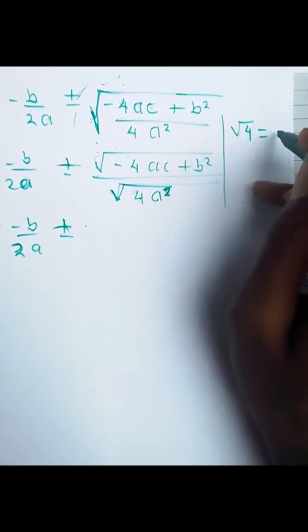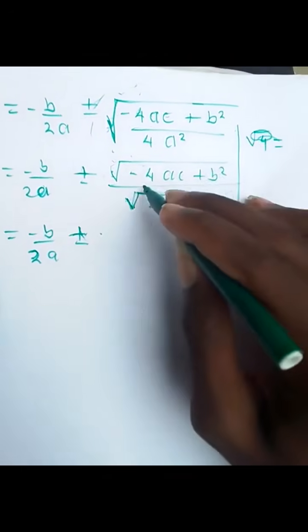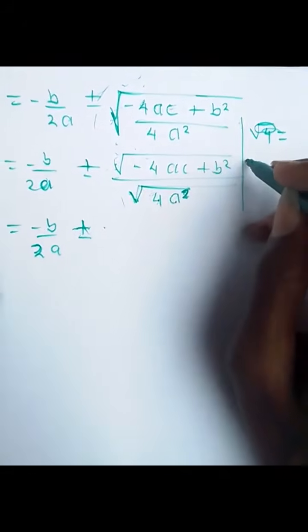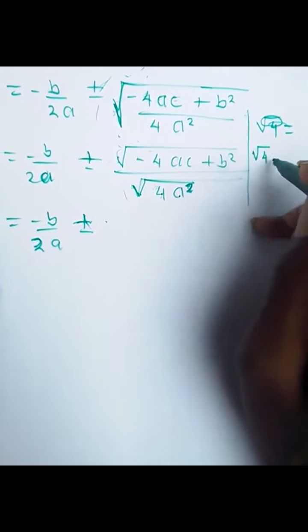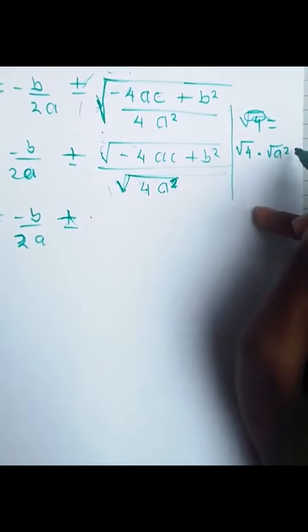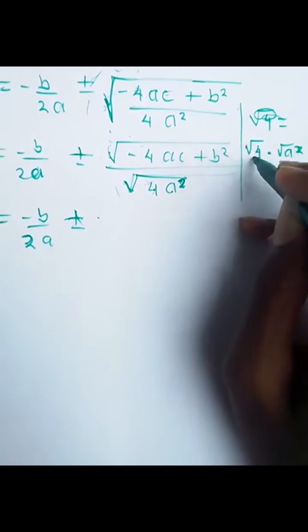The denominator I can also write as the square root of 4 times the square root of a power 2. You get it, right? I can simplify these two, because the square root of 4 is 2, and for the square root of a power 2, the power 2 and the square root cancel, and I'll just remain with 2a.